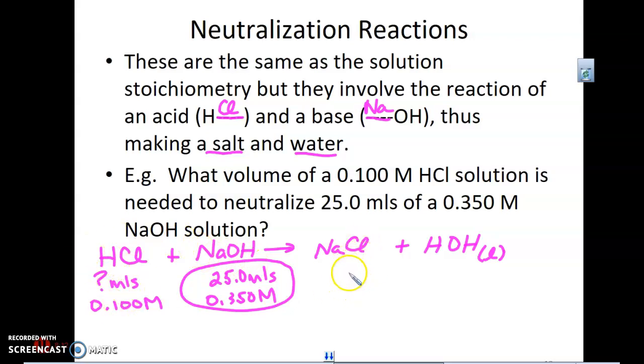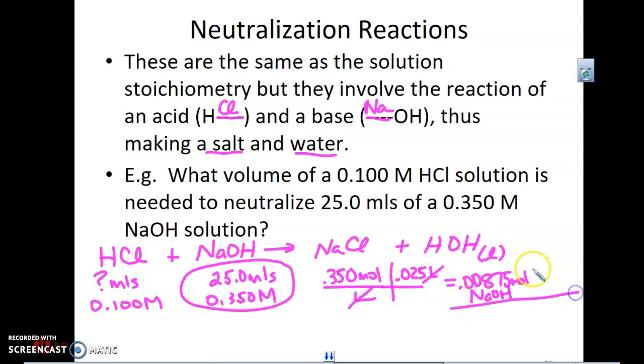So the first 2 steps for all of them are pretty similar. I'm going to multiply big M, moles per liter, by 0.025 liters. Change that to 0.025. And when you multiply those together, you're going to get 0.00875 moles of NaOH.